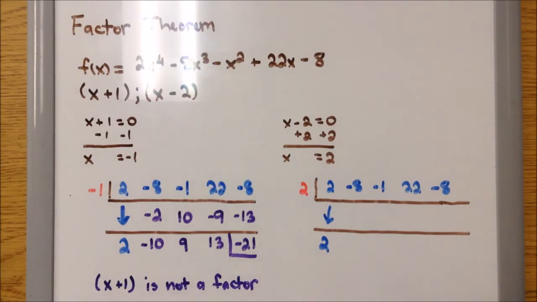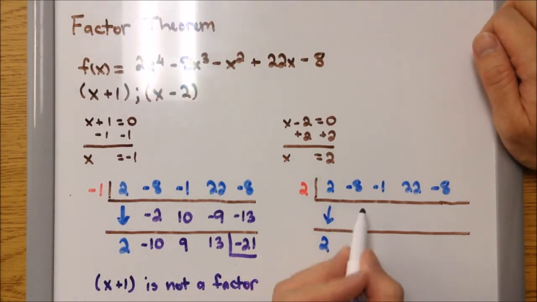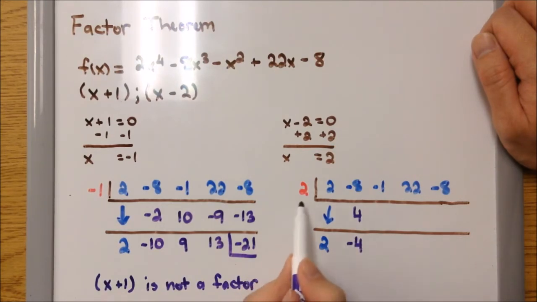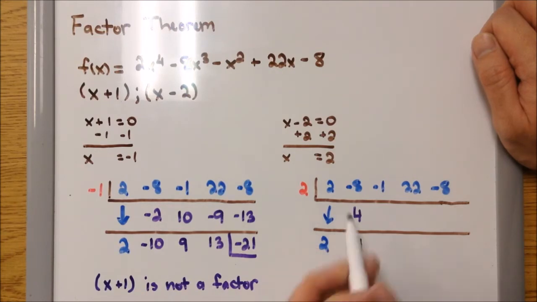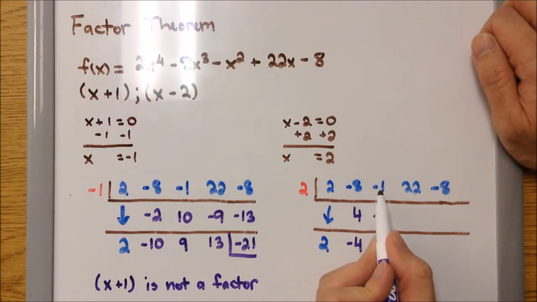Same process as always with synthetic division. 2 times 2, that's just positive 4. So -8 plus 4 will become -4. Then 2 times -4, that's -8. -1 minus 8, that's -9.